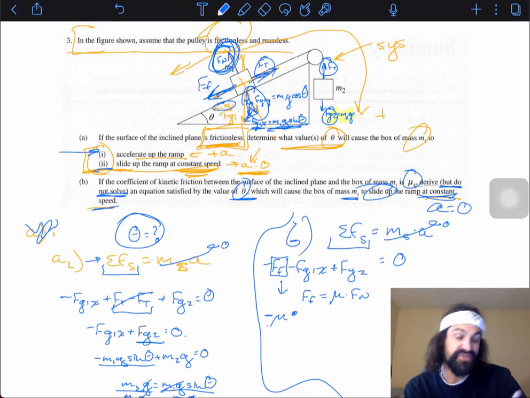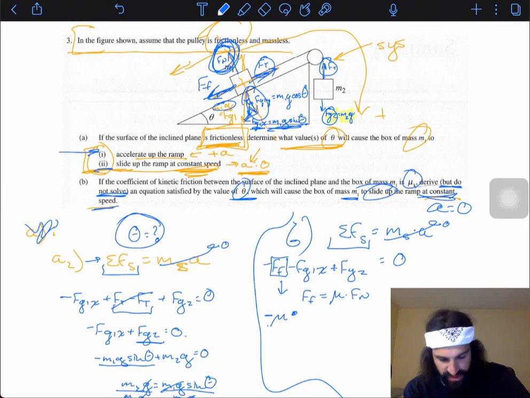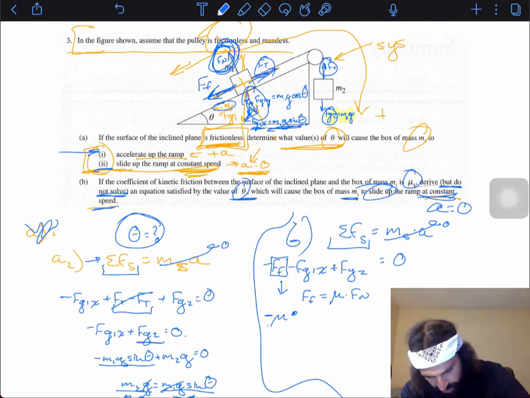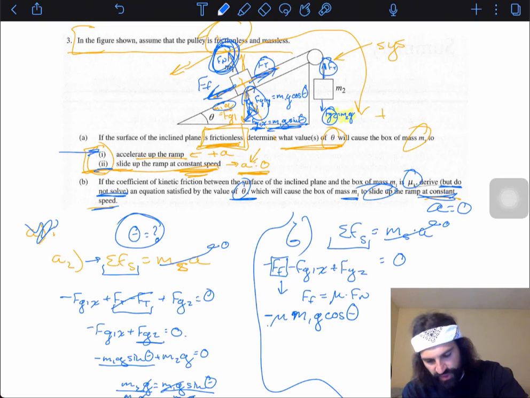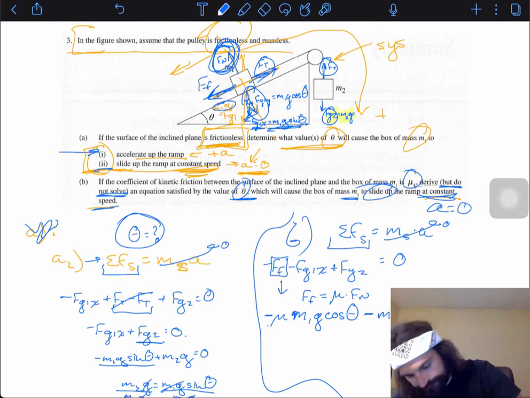So normal force is going to be equal to m1g cosine theta. So negative mu m1g cosine theta minus Fg1x, minus m1g sine theta, yikes, plus Fg2, plus m2g equals 0.